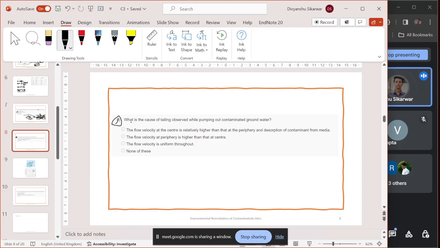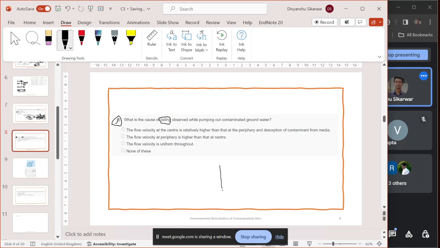So the question is asking basically what is the cause of tailing observed while pumping out contaminated groundwater. Those who have attended the lectures might have understood the term tailing.